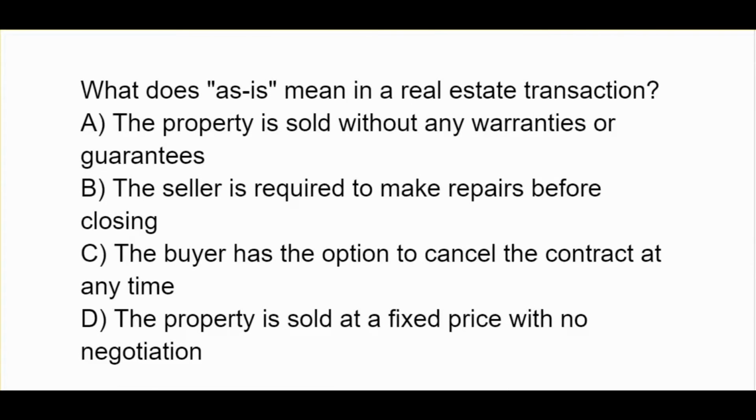What does as is mean in a real estate transaction? A, the property is sold without any warranties or guarantees. B, the seller is required to make repairs before closing. C, the buyer has the option to cancel the contract at any time. D, the property is sold at a fixed price with no negotiation.